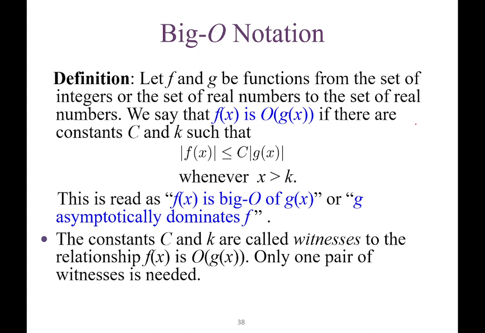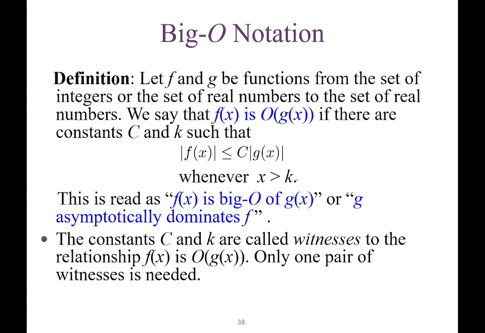Next, let's see the definition of big O notation. For f and g functions from the set of integers or the set of real numbers to the set of real numbers, we say f of x is big O of g of x if it follows these conditions: the absolute value of f of x is less than or equal to c times g of x when x is larger than k.